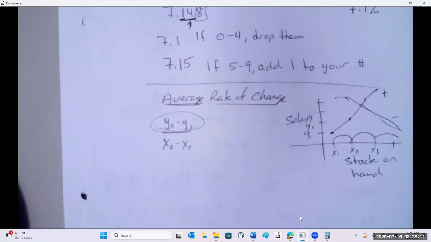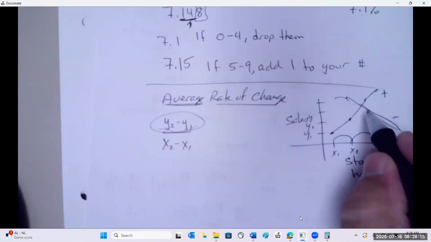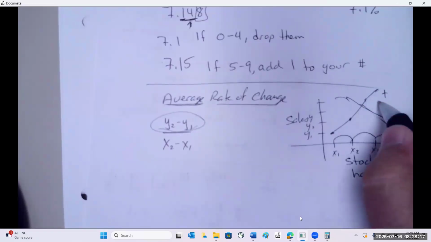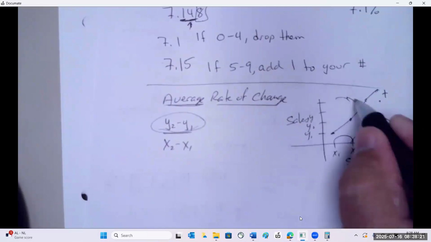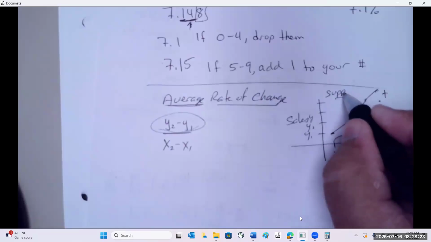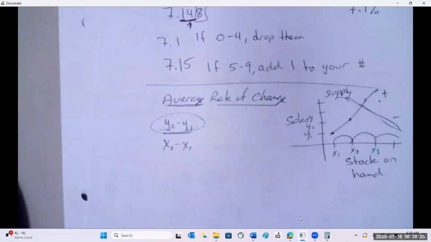Y'all ever heard of the supply-demand curve? Let's say the supply you have is this stuff. Supply is how many items you have in your storeroom, on your shelves. Think of Christmas time. Tickle Me Elmo.